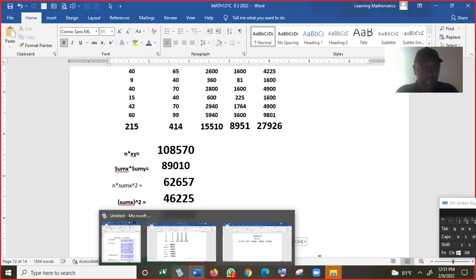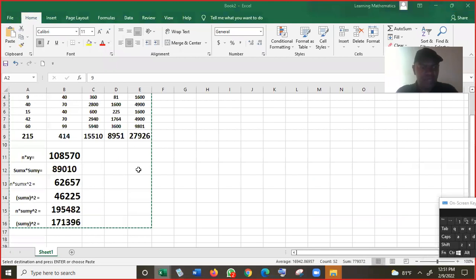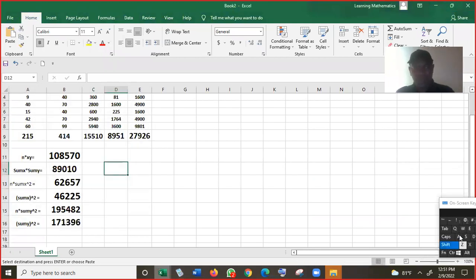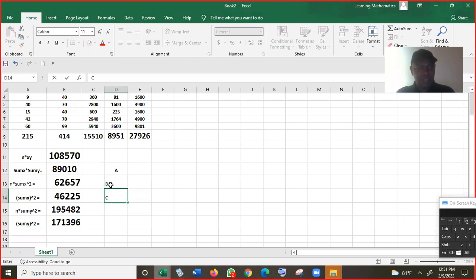Actually, we can even do that in Excel itself. Okay, so we can do that here. We can call that A. We can call that B, and we can call that C. Okay, A, B, and C. All right, A is equal to B11 minus B12.